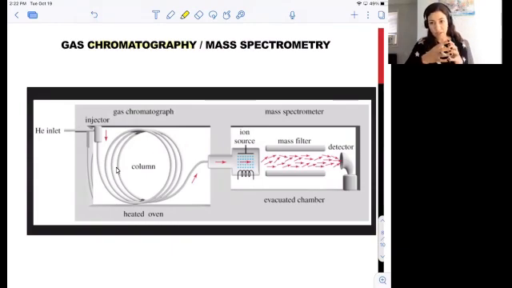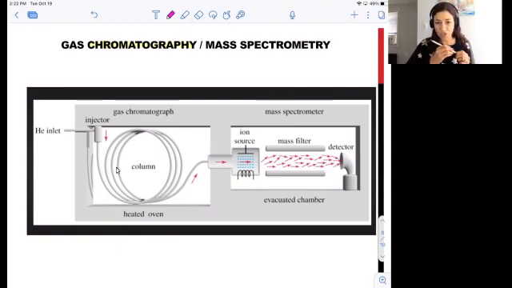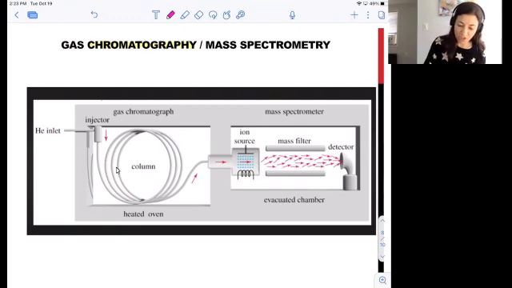And you'll remember that this was a means for separating molecules. In gas chromatography, we're also going to obtain a separation of the components of our mixture. However, instead of using solvents to force our compounds through a solid column, as we did in week 2, we're instead going to use helium as a carrier gas.